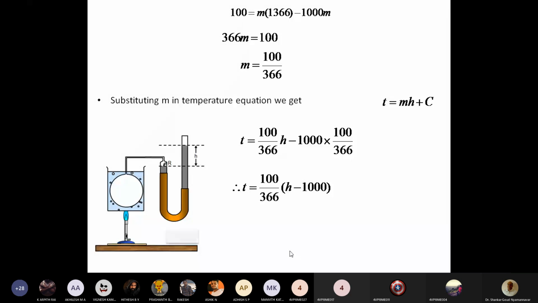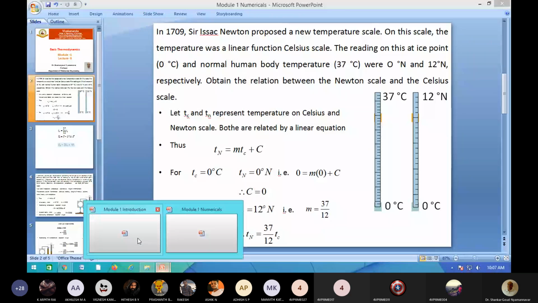It is 20.49, sir. 20.49 degrees Celsius. Clear? So like that, you should be able to find out the temperature.